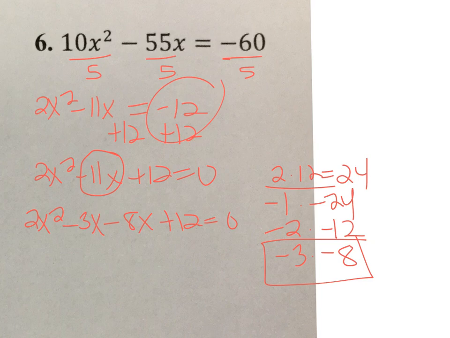And we're going to group them with the first two terms, okay, and the second two terms. All right, so the first one is usually your x. So if I divide x out of both of those, I get 2x, because x times 2x is 2x squared, minus 3x divided by x is just 3.